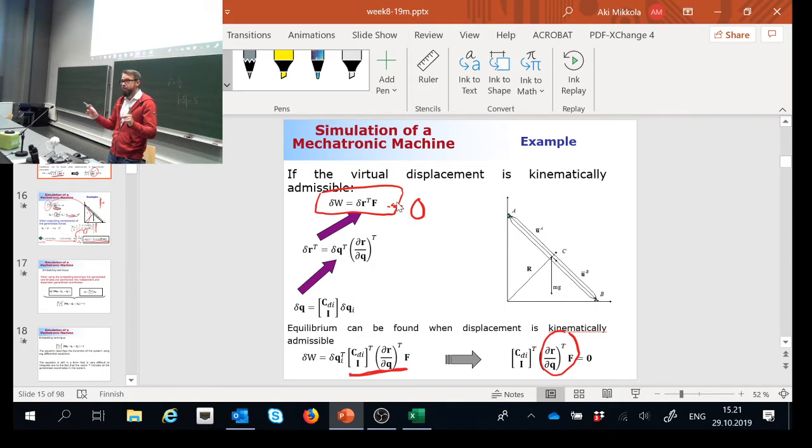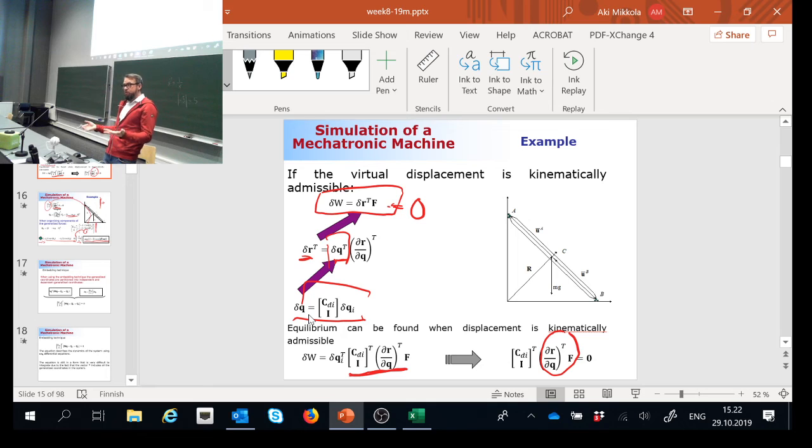How can I make it happen? Well, the story goes such that first I'm finding the relation between global coordinates and generalized coordinates. That's my first relation. But more important than that, I have to find a relation between independent generalized coordinates and all the generalized coordinates. And that relation is this one, based on coordinate partitioning, where I categorize my coordinates to be dependent and independent.